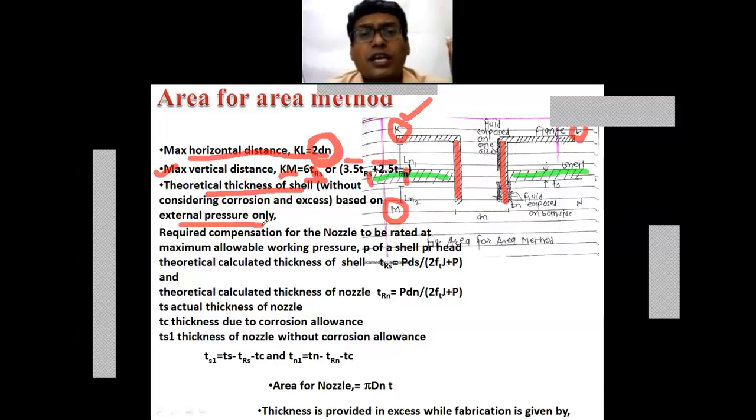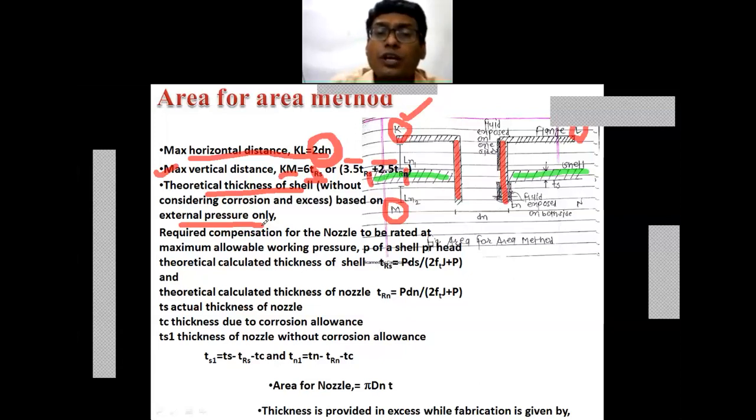That is what is basically required. But in actual practice, we add the corrosion allowance, we round off to the maximum values, and we also design the excess. That is the extra addition which we make in the calculation of thickness.